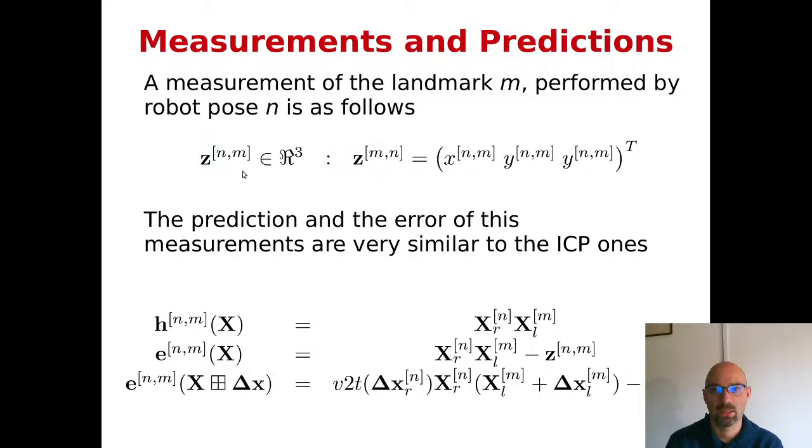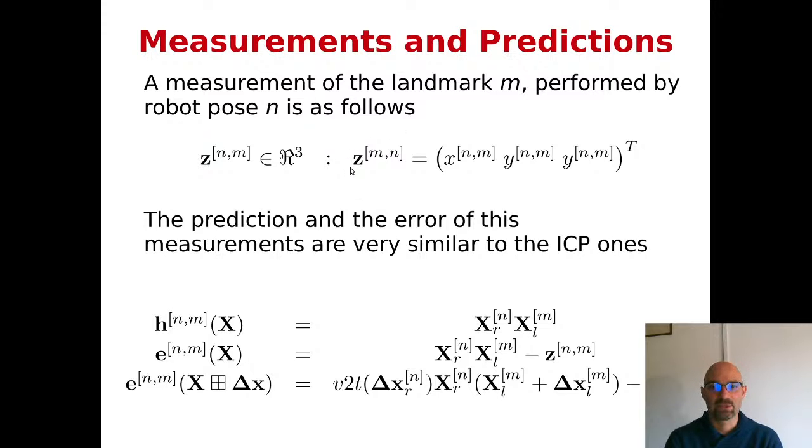One of these observations is therefore characterized by two indices, the observing robot position and the observed landmark. Being a 3D observation, but you could also write a projective version for that, in this case we're focusing just on 3D fully qualified observations.